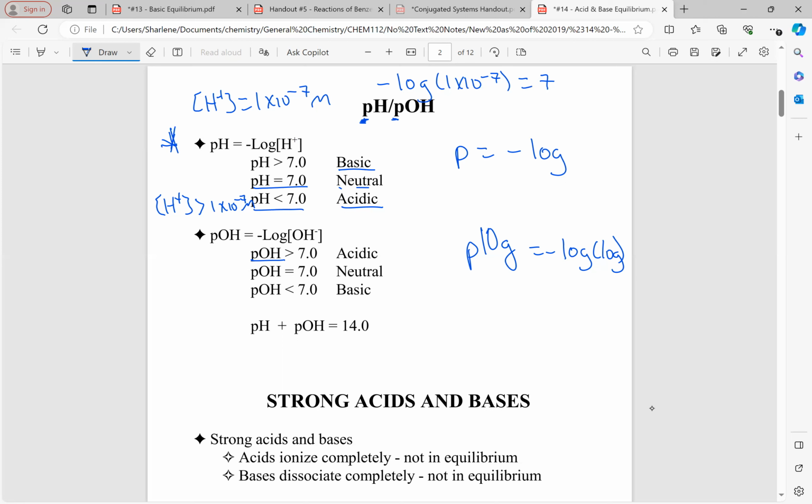And then there's a wonderful relationship where if you take the pH plus the pOH, it is going to equal the big number 14. If you know one, you will always know the other. Always. I'm going to switch over to the whiteboard.